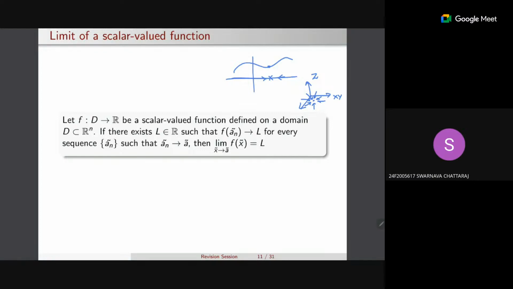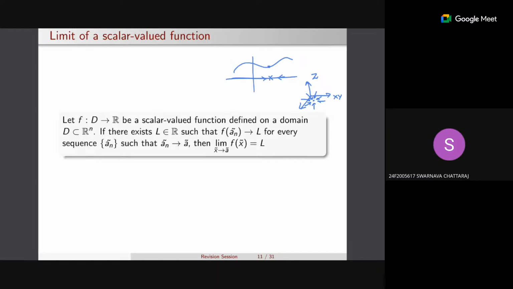So when we talk about a limiting value, what we have to make sure is that along each of those directions, the limit is the same. So it's no longer just left-hand limit, right-hand limit. It is any direction limit, so to speak, and any direction in any possible fashion.